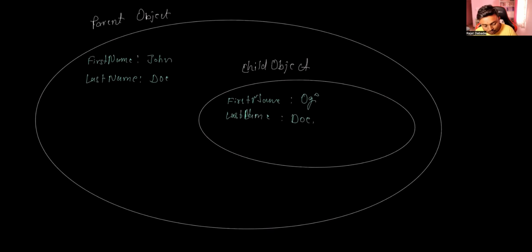Here I have a function, getChildFullName, which is an arrow function, and from here I am returning this.firstName plus this.lastName.